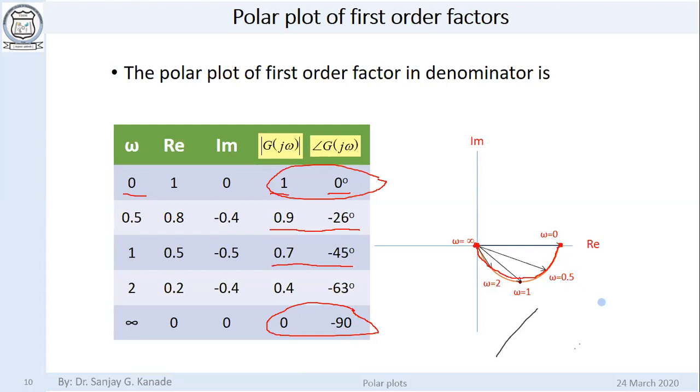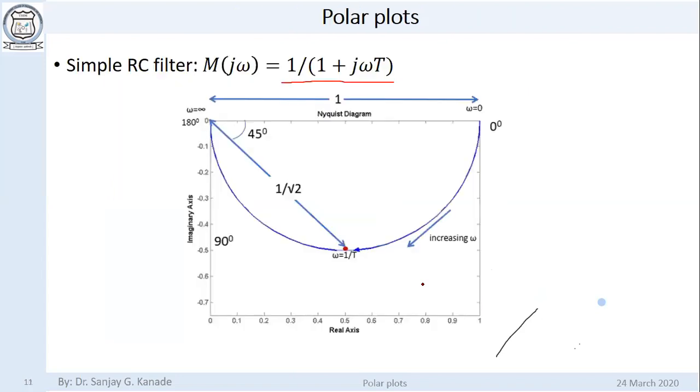Additionally, you may have one specific angle like 45 degree. For that you have a specific value, 1 by root 2 for 45 degree. In this diagram there are not many values, only the starting point, ending point, and a center point.